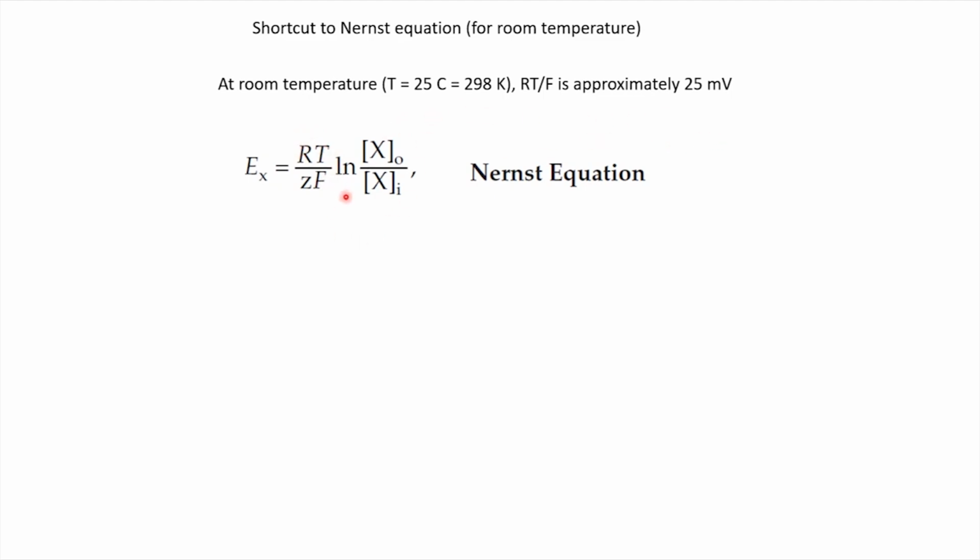And further replacing natural log by log base 10, this equation can be rewritten as 58 millivolts over Z, which is the valence of the ion, times log ratio of concentrations outside over inside. So we just need to know the concentration ratio and the charge or the valence of the ion, and we can easily calculate the equilibrium potential at room temperature for that ion using this shortcut.